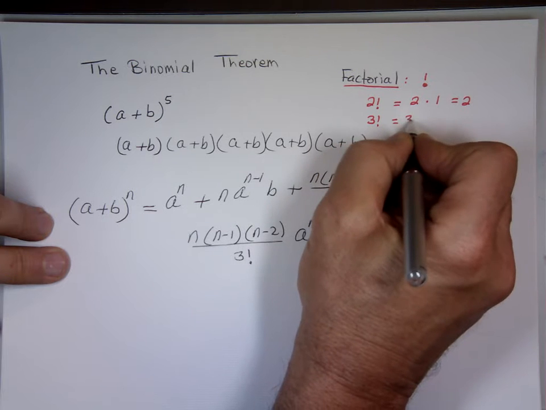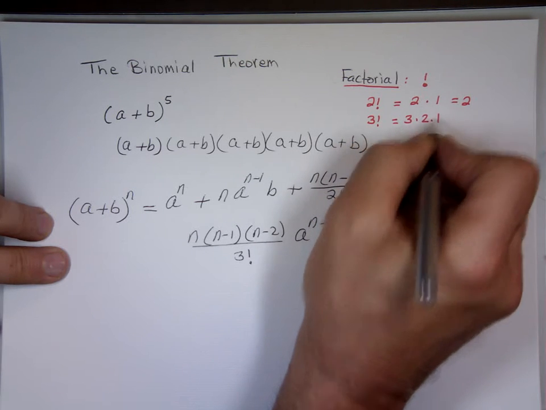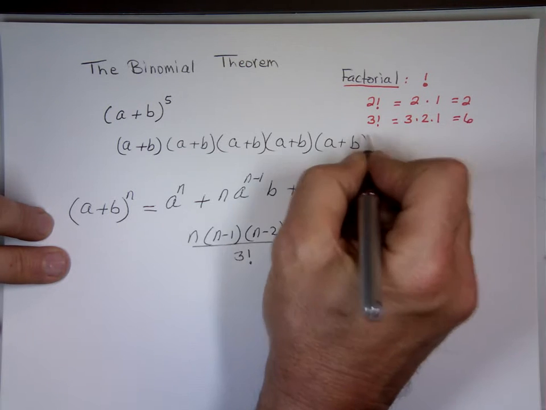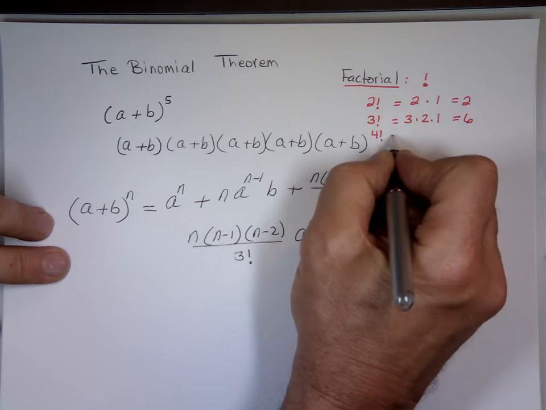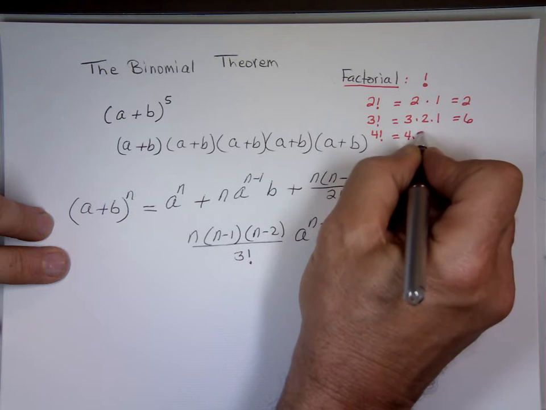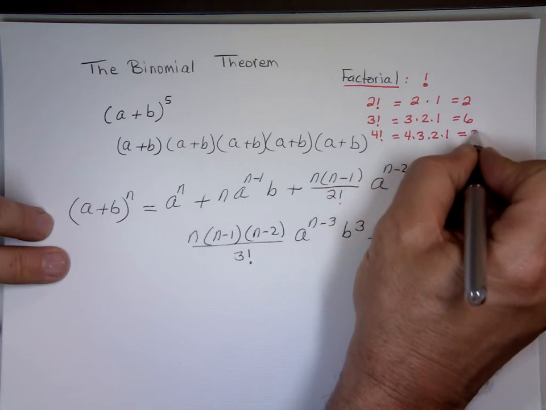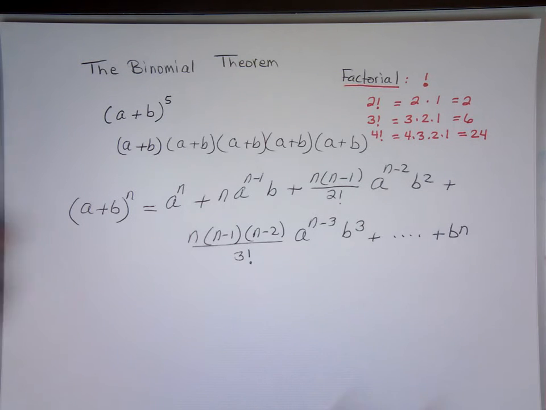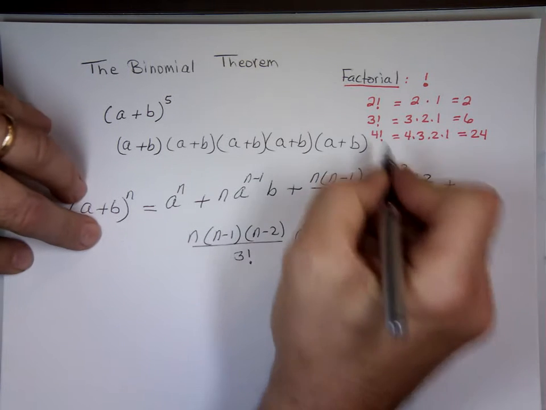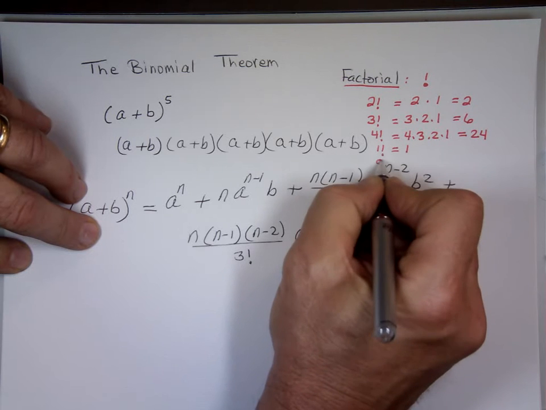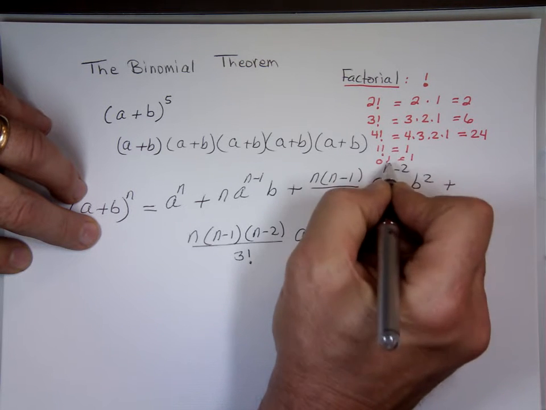That's 3 times 2 times 1. What's 3 times 2 times 1? 6. 4 factorial. That's 4 times 3 times 2 times 1. You got the idea? 24. So you start with the number, and each time you decrease 1 from it, and you multiply them out. 1 factorial is 1. By definition, 0 factorial is also 1.